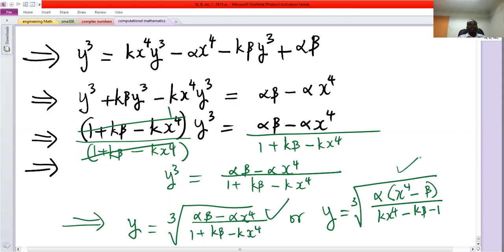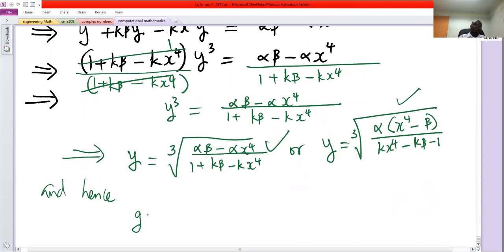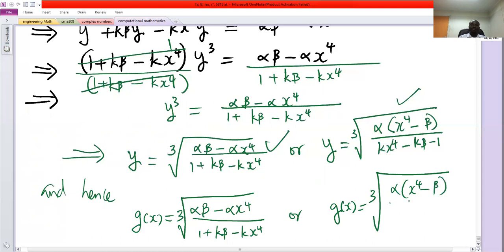So either this or this will give you the value of y, and hence the function g of x is given by the cube root of alpha beta minus alpha x power 4 over 1 plus k beta minus k x power 4, or you can say g of x is the cube root of alpha into x power 4 minus beta divided by k x power 4 minus k beta minus 1.